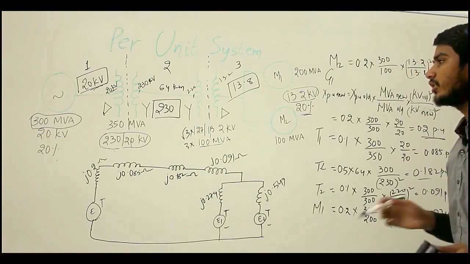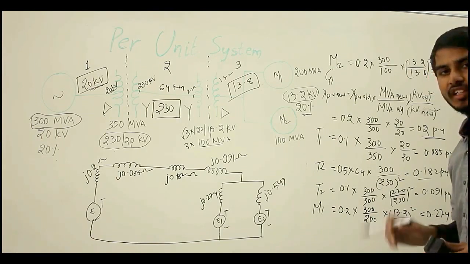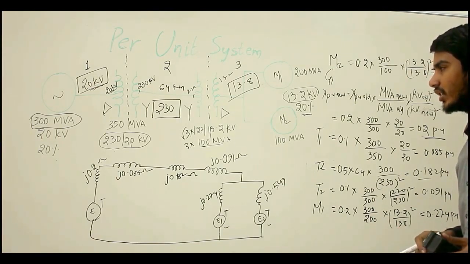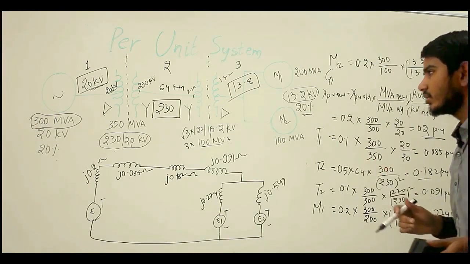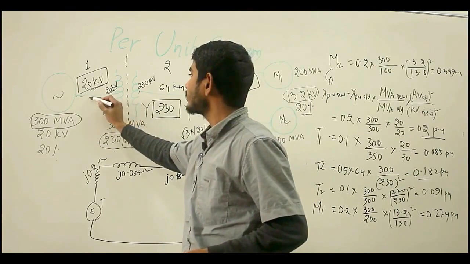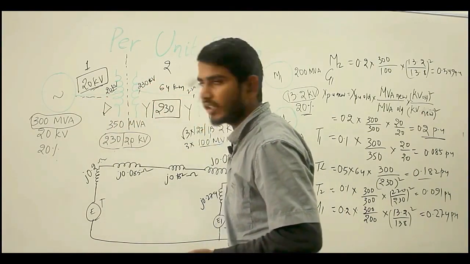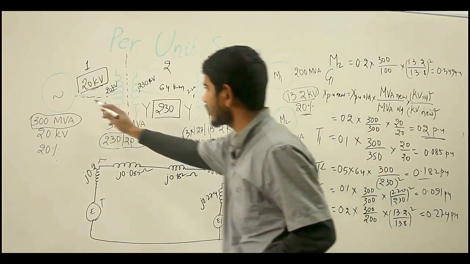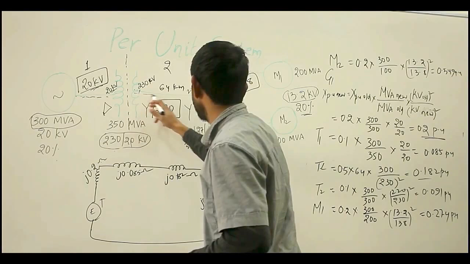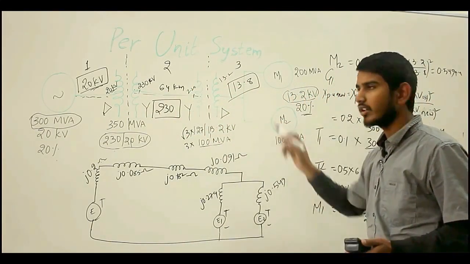So whenever you are given some transmission line, what we have to do is we have to split it into zones. So the zones can be split on the basis of the kV that we have to calculate. So suppose if they are on the same point, then that will fall under one zone, and if they are at different point, they will fall in the next zone. So as these are the same potential, they will fall in zone 1, and these are in the same potential, they will fall in zone 2. As these are in the same potential, they will fall in zone 3.